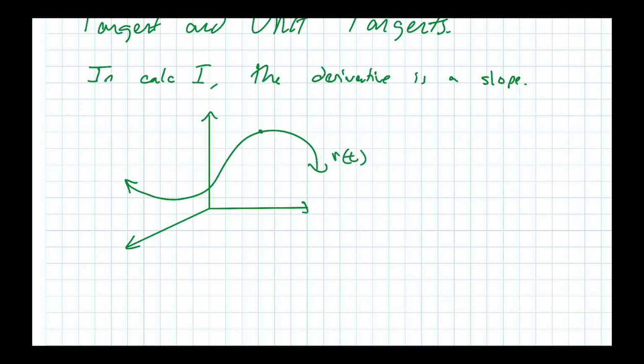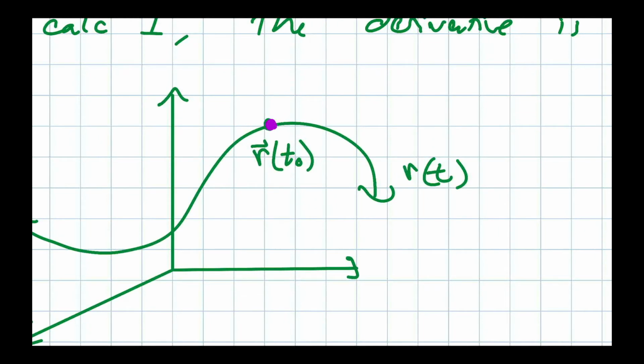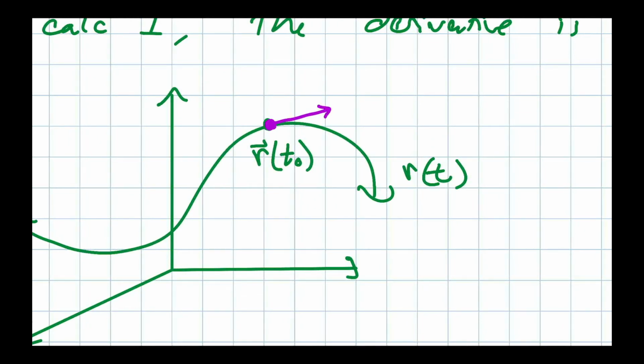Now, if you pick a particular point on a curve, like that could be R of, I don't know, t0, just some place on the curve. Now, how is the derivative related to this point? The way the derivative is related is if you find the derivative and you plot it at this point, the direction that it points is going to be tangent to the curve, like that.